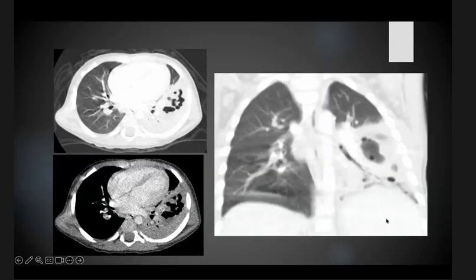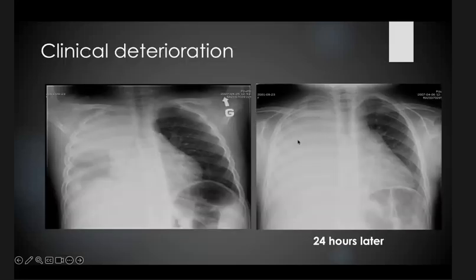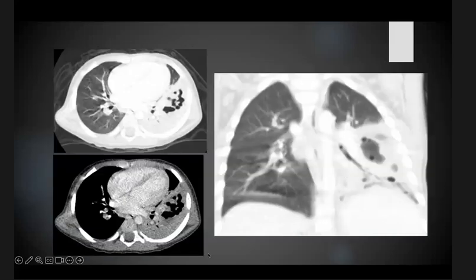So we did an ultrasound, we did a chest X-ray, sorry. So you see those cavitations here inside the lung. So it's the necrosis of the left lower lung from the pneumonia.